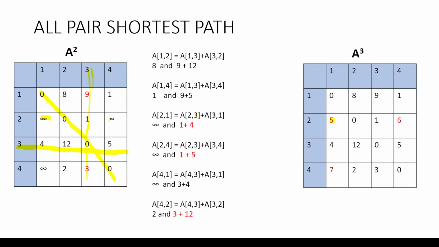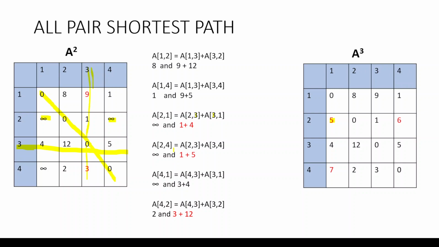Next we will check with this value, a of 2 comma 4. So we are checking if there is a path from a of 2 comma 3 and then from 3 comma 4. So a of 2 comma 4 is infinity, a of 2 comma 3 is 1, a of 3 comma 4 is 5.